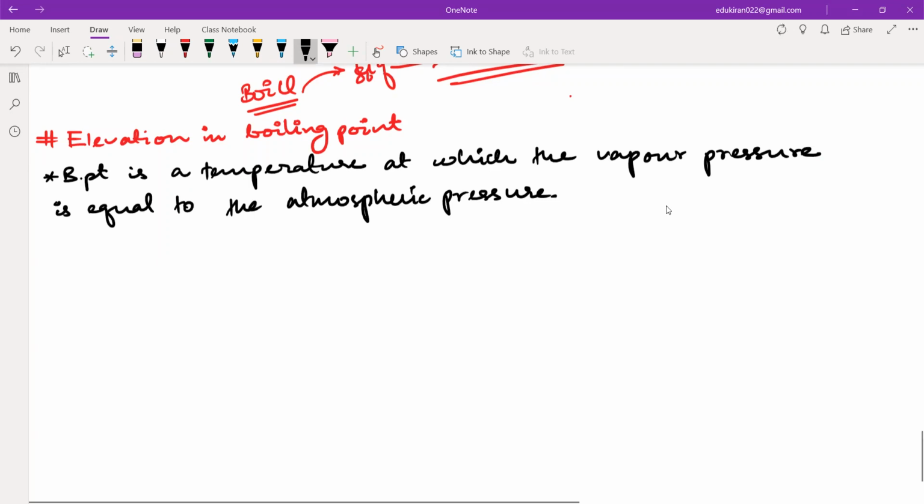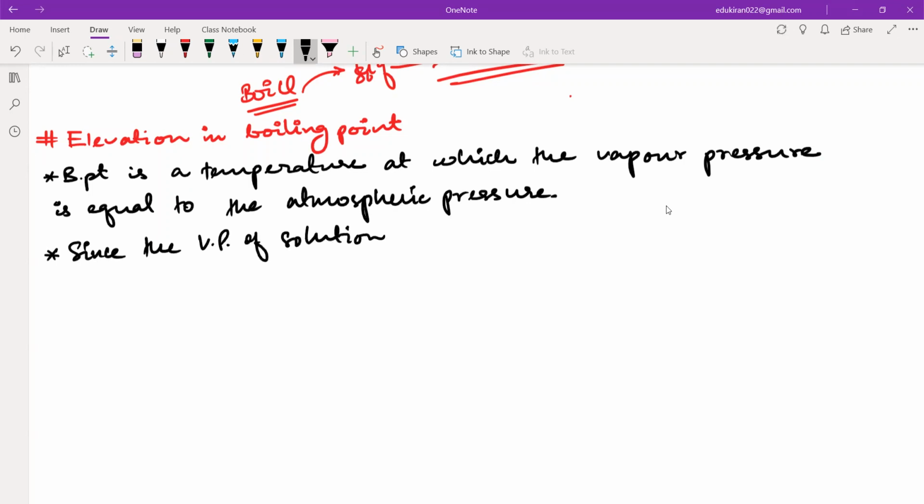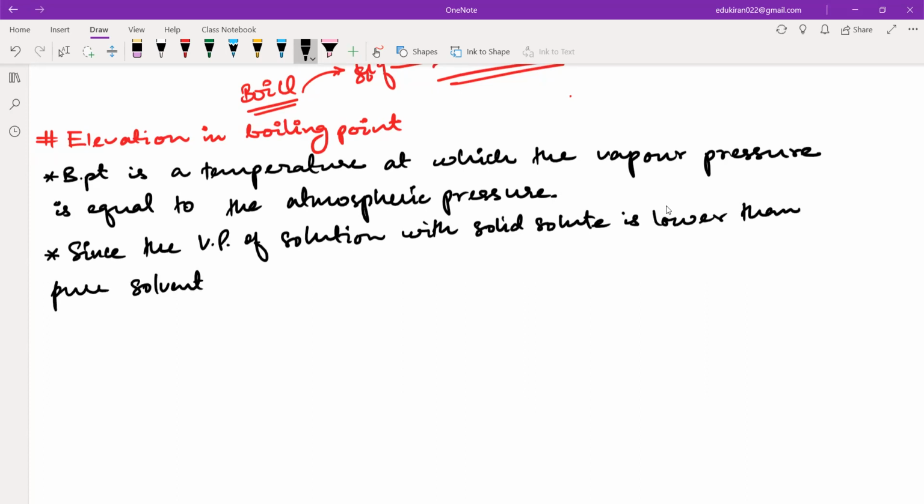Okay. Next point. Since the vapor pressure of solution with solid solute is lower than pure solvent, the solution boils at higher temperature.